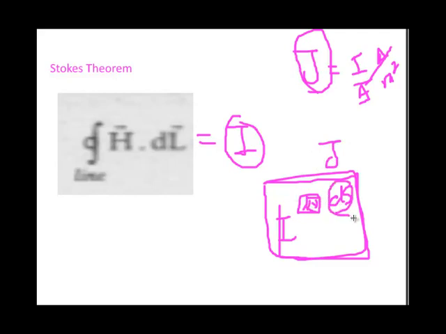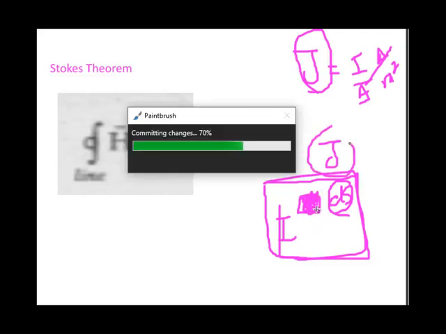If it is a unit area, then the current present in this unit area is the current density. So with the help of current density we can find the value of current.